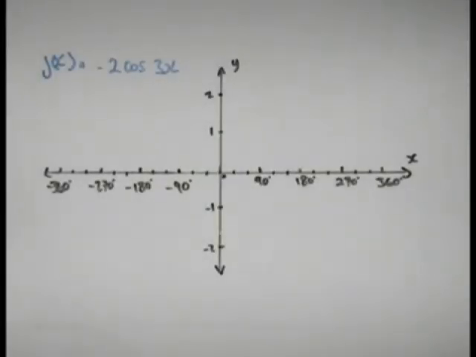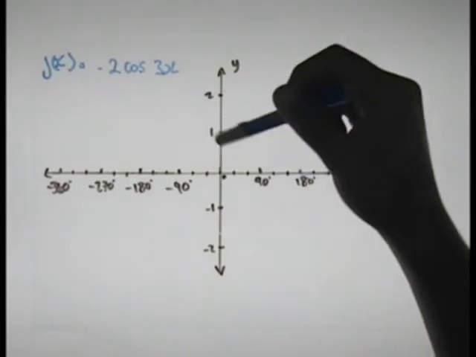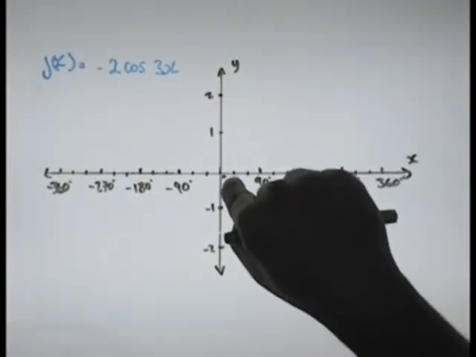The fourth example reads j of x is equal to negative 2 cos 3x. Now this is a number of different transformations that are all happening at once. Firstly, cos 3x means that we have triple the cos graph.